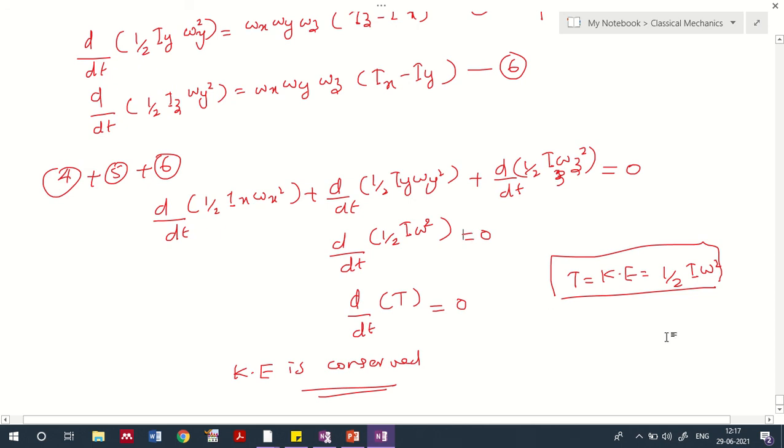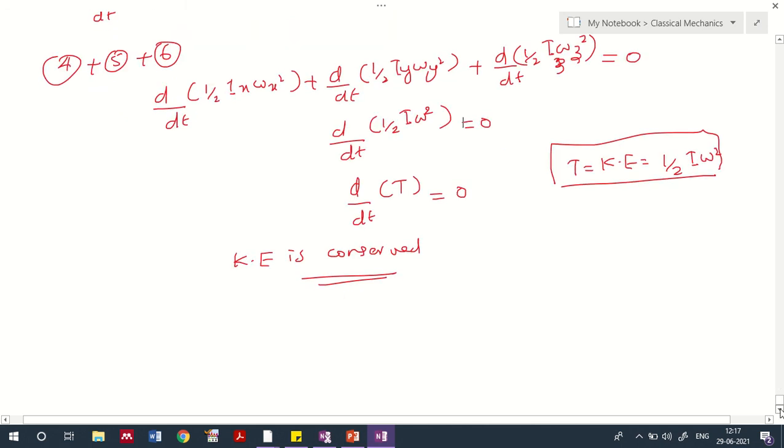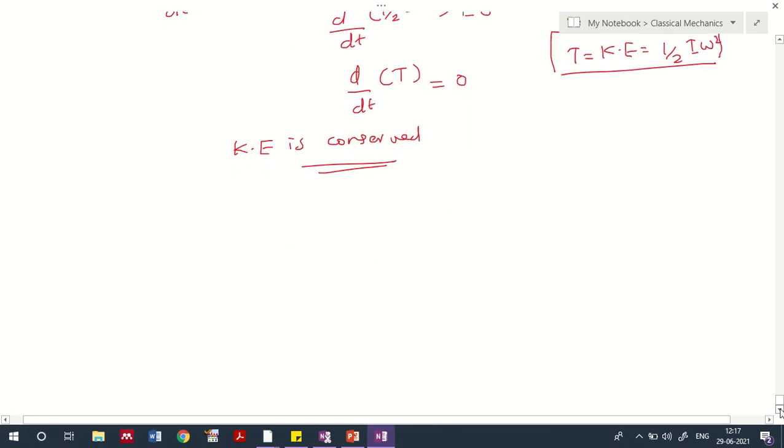Then we finally ended up that the kinetic energy is conserved. If the derivative of kinetic energy is equal to 0, it is conserved in that case. Okay, hope it is clear.